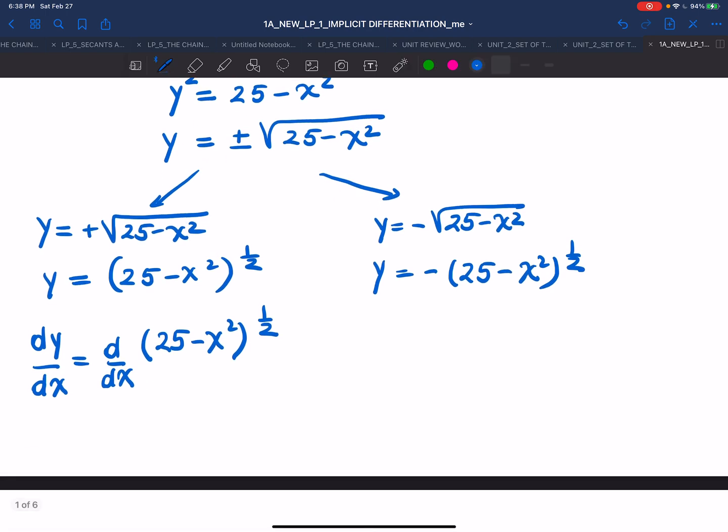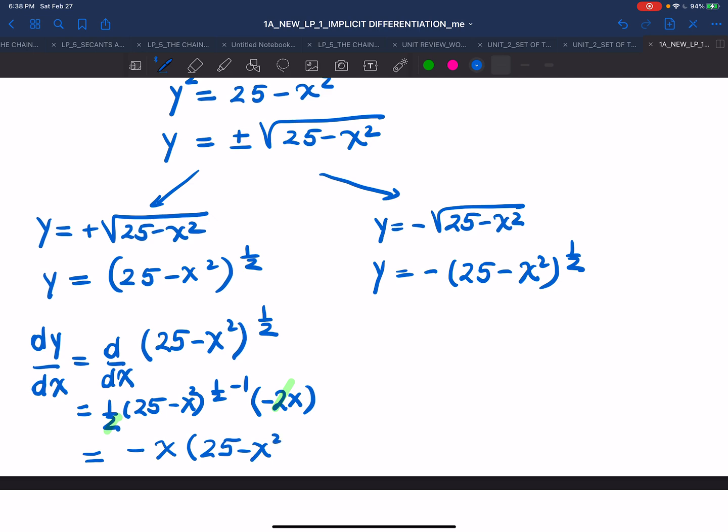And the derivative of it would equal 1 over 2, (25 minus x squared) to the power of 1 over 2 take away 1, times the derivative of the inside, which is negative 2x. As you can see here, we can simplify 2 with 2. And in a more simplified form, here we'll obtain negative x times (25 minus x squared) to the power of negative 1 over 2.